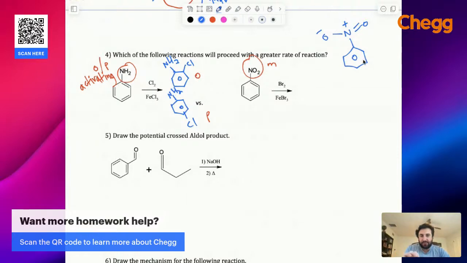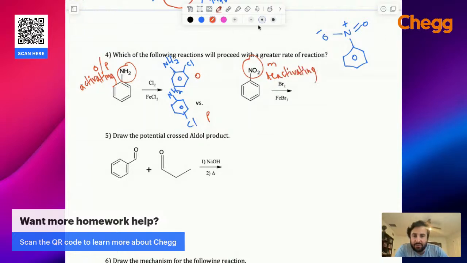So if you have a positive charge on the arenium ion intermediate, that's going to even further destabilize that intermediate. You're withdrawing electron density away from a positively charged species. That's going to be further destabilizing, and so that is going to be deactivating. And what are we going to get?